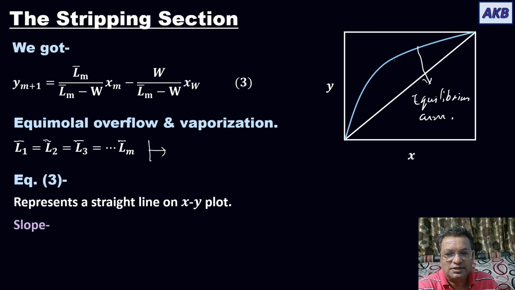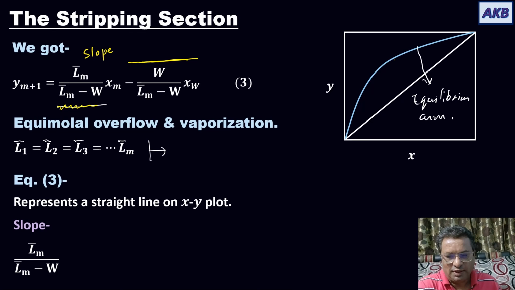Slope is L bar m upon L bar m minus W. This is the slope of the straight line, and this is the intercept made by the line on the y-axis.